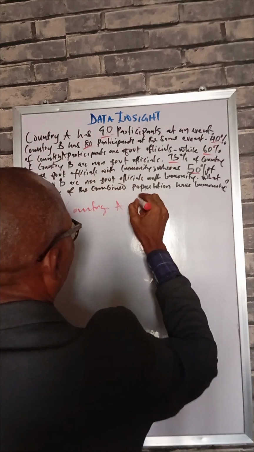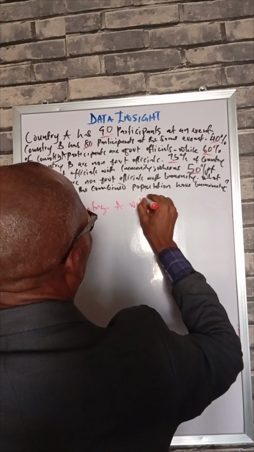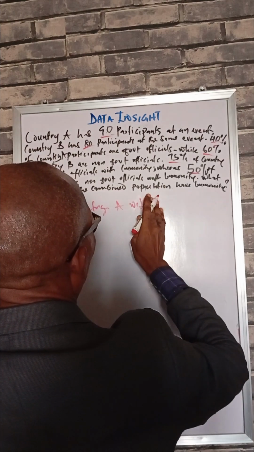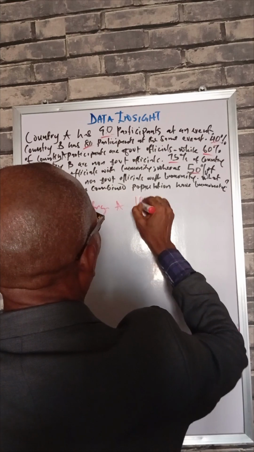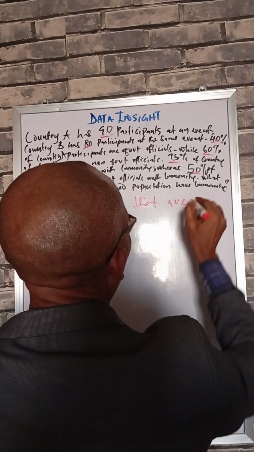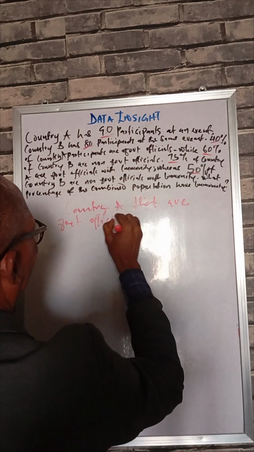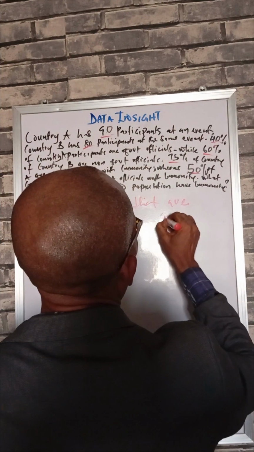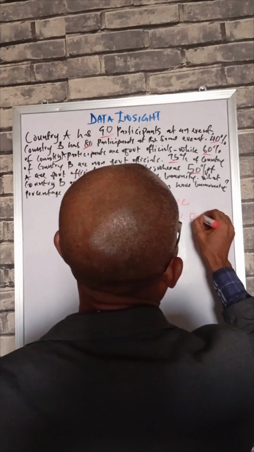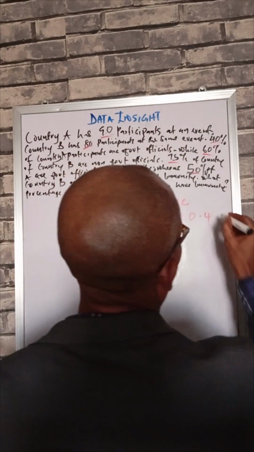Country A participants that are government officials equals 90 times 0.4, and this gives us 36.